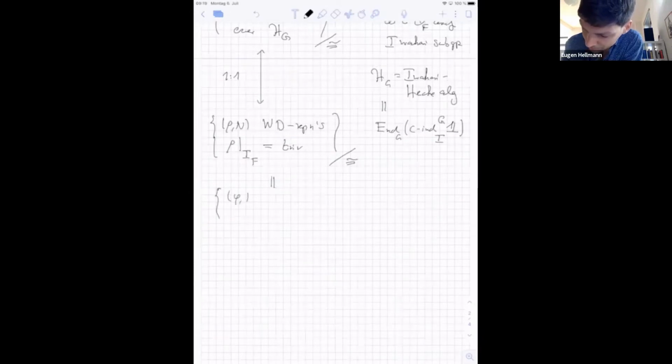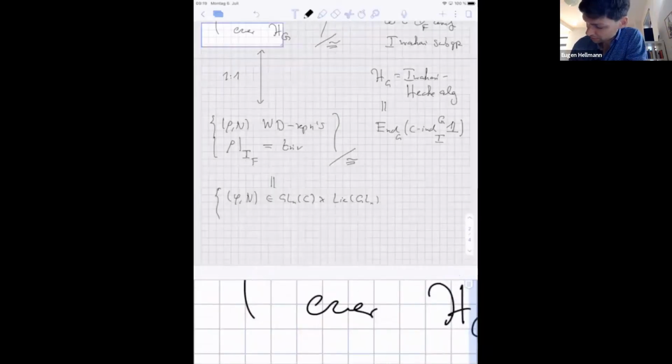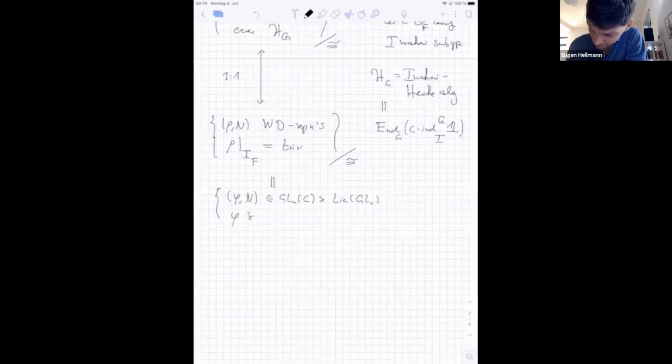So you end up with a parametrization of simple Hecke modules, which might be familiar. So you end up with (phi, n), and these are in GL_N(C) times, maybe, the Lie algebra of GL_N, where phi is semi-simple, and n and phi satisfy this equation, n phi = q phi n.